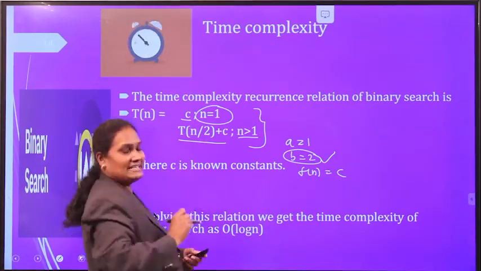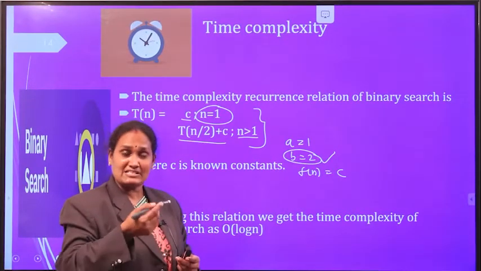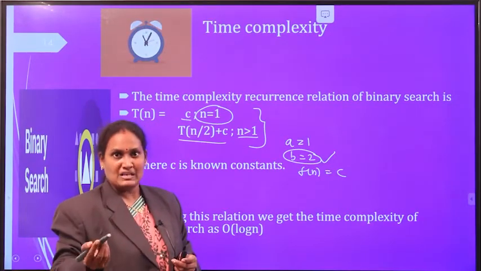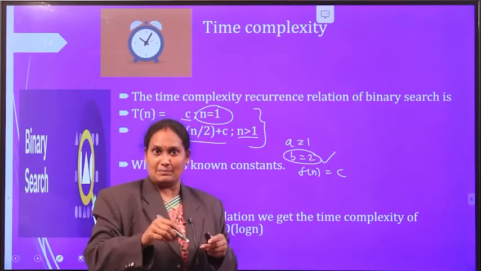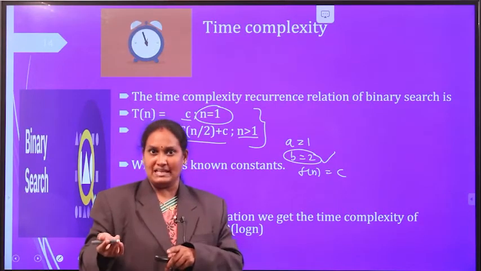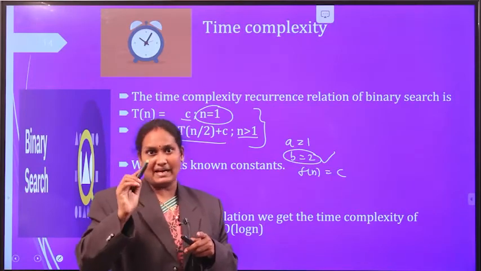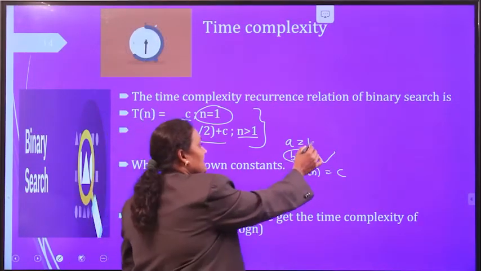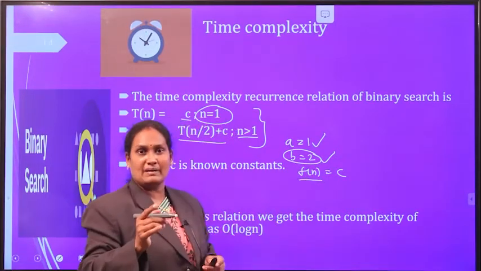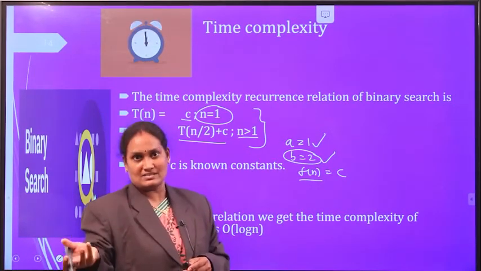And a indicates how many subproblems we are considering in the process. In the case of binary search, every time we are considering only one subarray. If the search element is less than the mid element, we consider the left subarray. If the search element is greater than the mid element, we consider the right subarray. Every time we consider one subarray only. That's why a is taken as 1. And f of n is the time required for dividing the problem and conquering the solution.